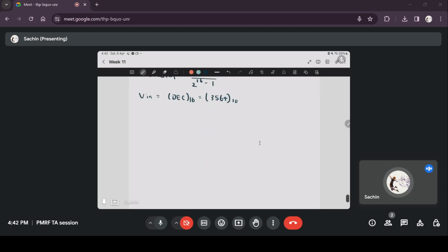So for a 16-bit DAC, the output voltage can be written as the resolution times the decimal equivalent of the input, which is 8 over 2 power 16 minus 1 times 3564, just 0.435 volts. So the answer is option C.